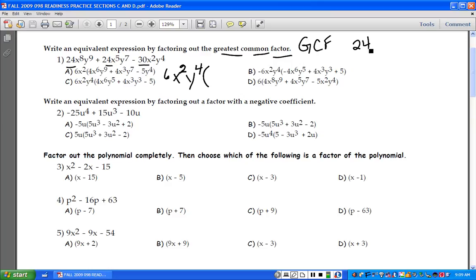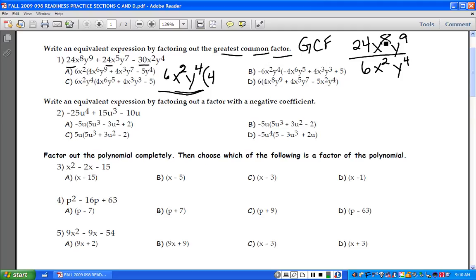Basically what we're saying is, if we had 24 x to the 8 y to the 9th, and we wanted to divide it by what we're pulling out here, 6x squared y to the 4th: 24 divided by 6 is 4, so we write out 4.